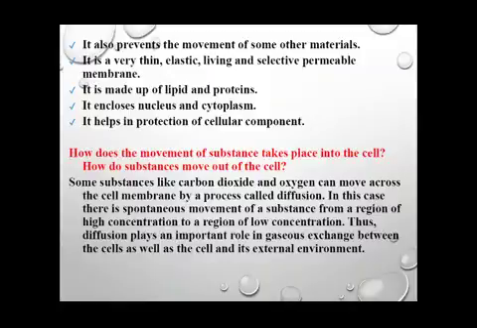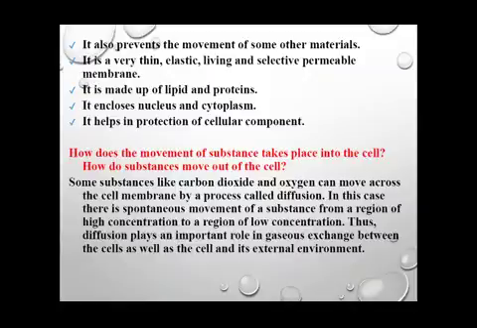So what happens in diffusion? There is a spontaneous movement of a substance from a region of its higher concentration to a region of lower concentration. Wherever the substance is present in high concentration, it starts moving from that point and goes to the region where that substance is present in lower concentration.